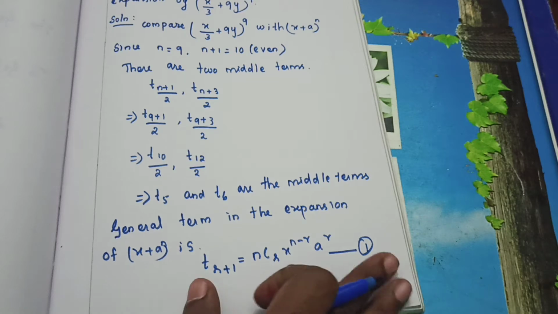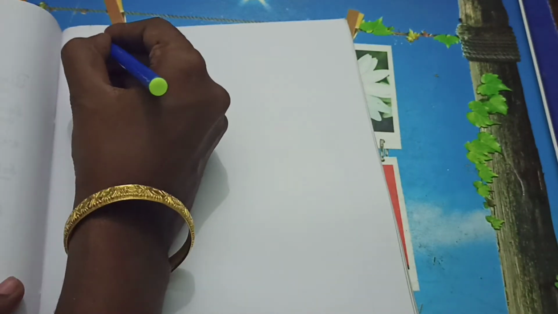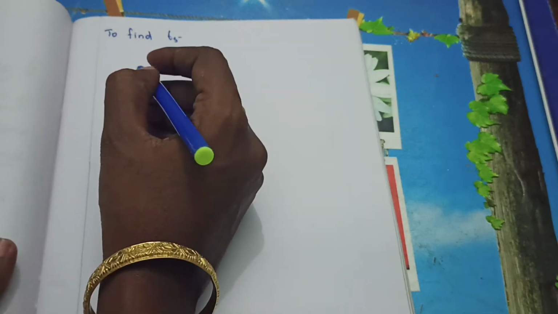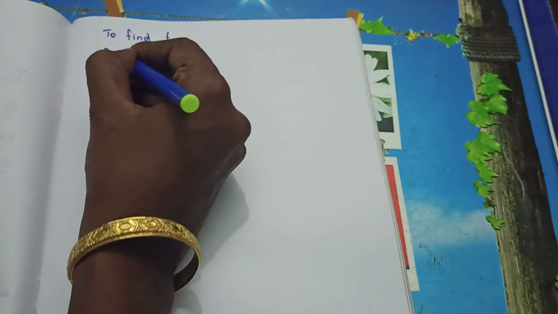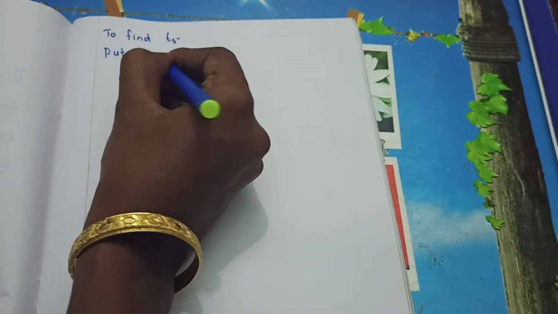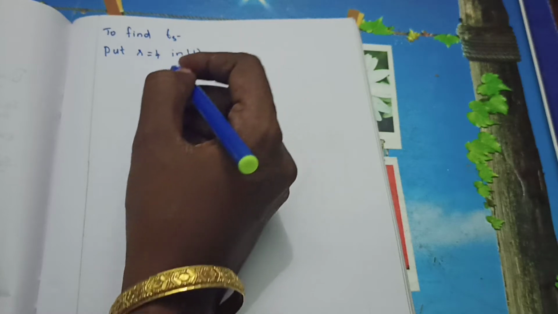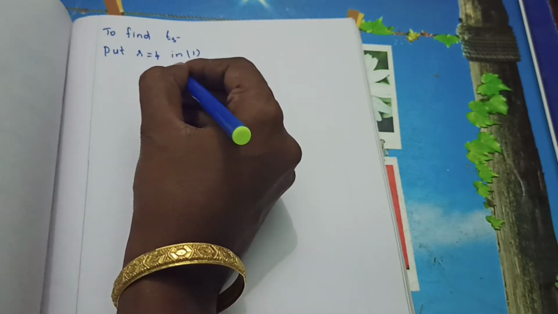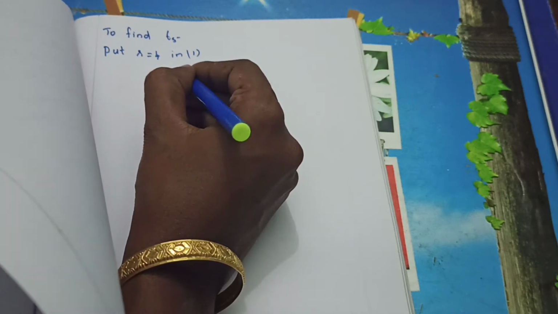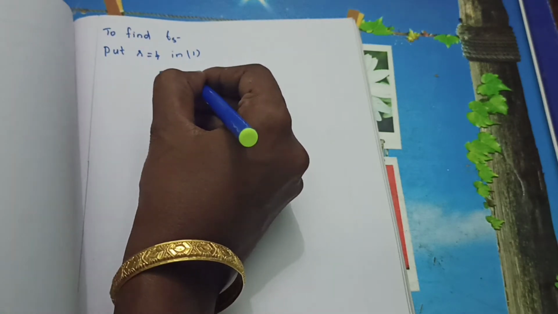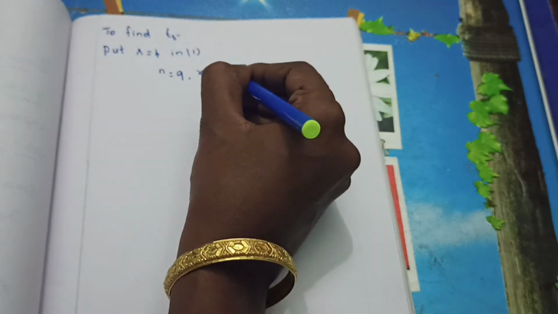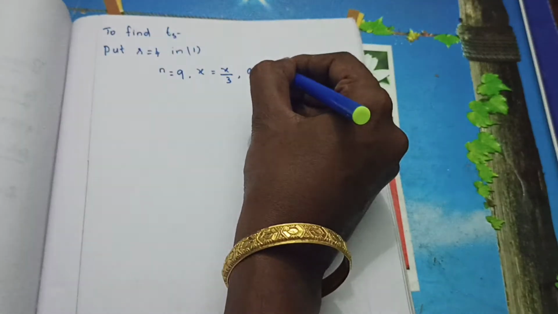First, we are going to find T5. For T5, r is equal to 4 in equation number 1. First you write all the values: n is equal to 9, in the place of x is x by 3, and in the place of a is 9y.